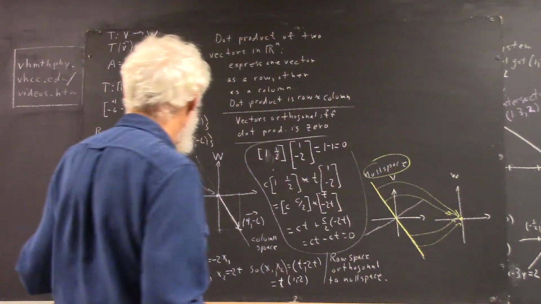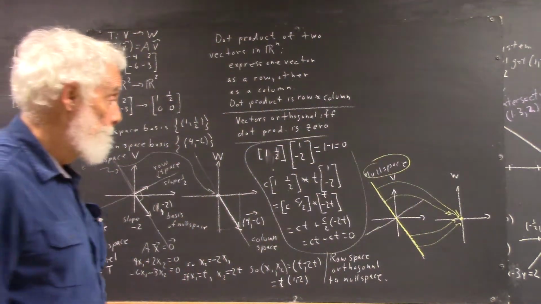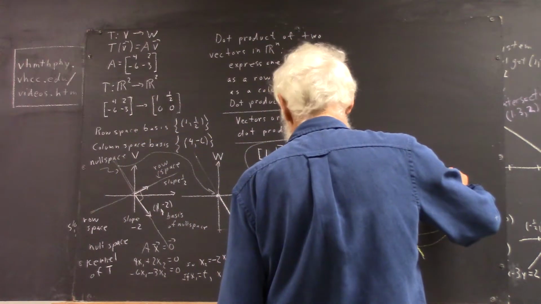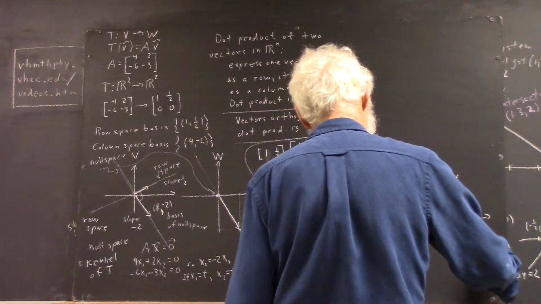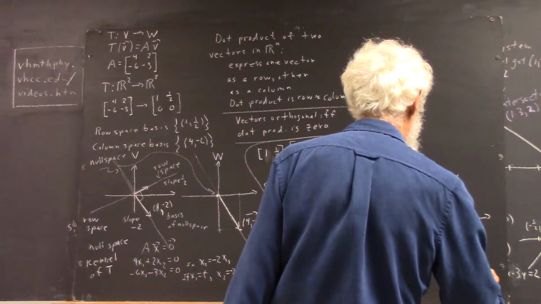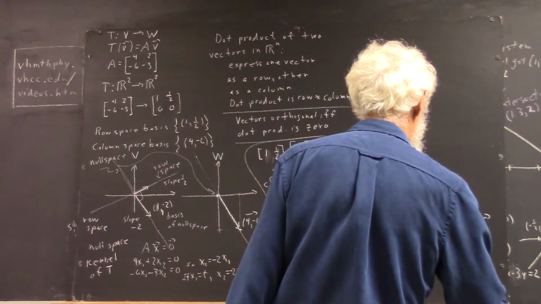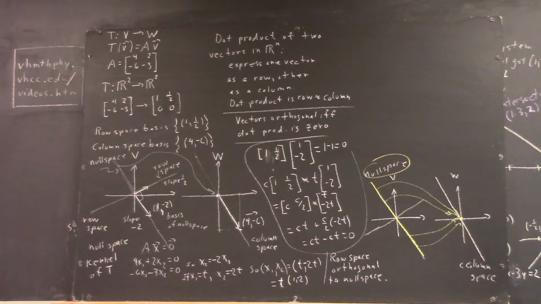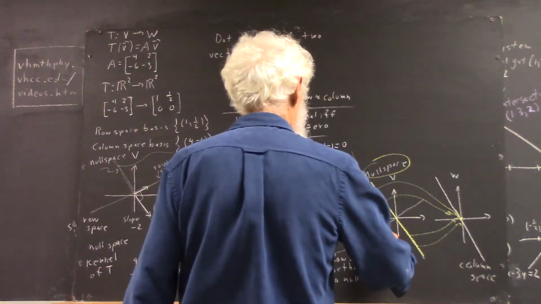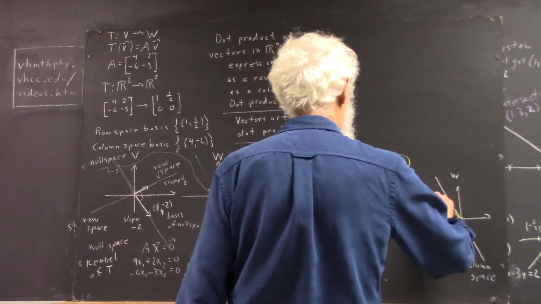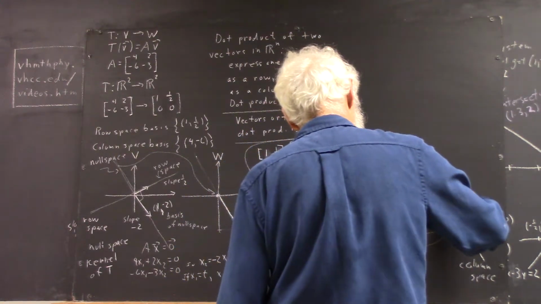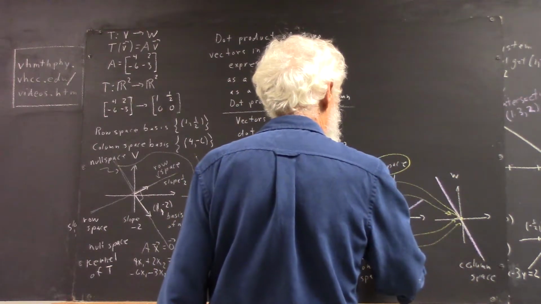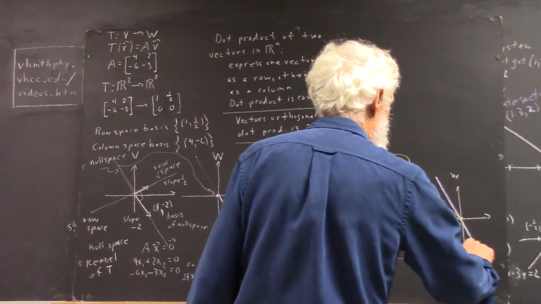The row space, on the other hand, maps to the column space. So if I grab another color and make the column space purple, okay, so I'm just going to draw one arrow, but every point here goes to some point over here.